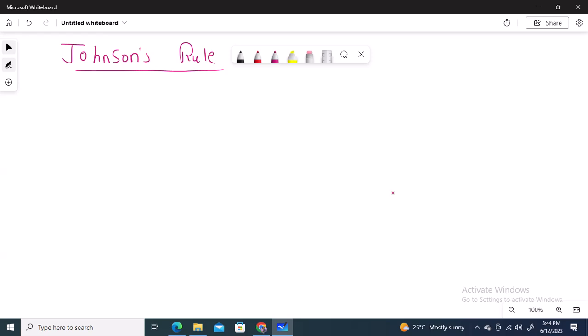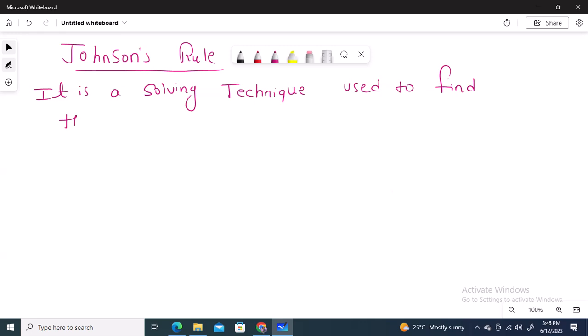What is the definition? It is a solving technique or solving tool used to find the proper sequence or order of jobs.